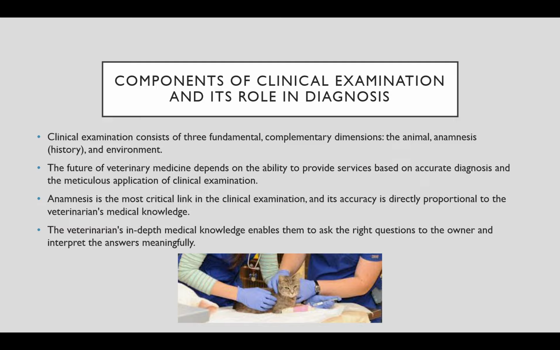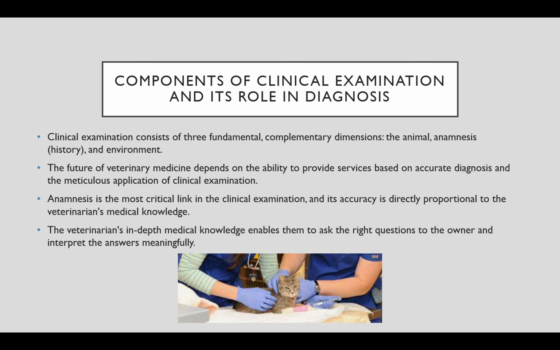Clinical examination consists of three fundamental complementary dimensions: the animal, anamnesis or history, and environment. The future of veterinary medicine depends on the ability to provide services based on accurate diagnosis and the meticulous application of clinical examination.